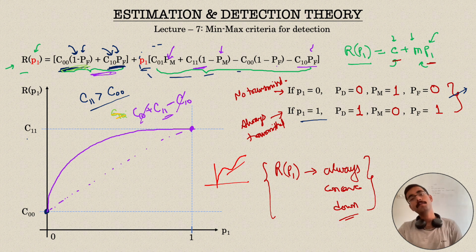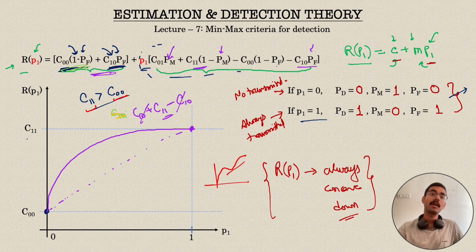All right. So here there was an assumption in this particular case that C11 is greater than C00. But to have a good base curve, for correct detection when there is no false alarm, if we assign equal cost, it would be a very effective system.